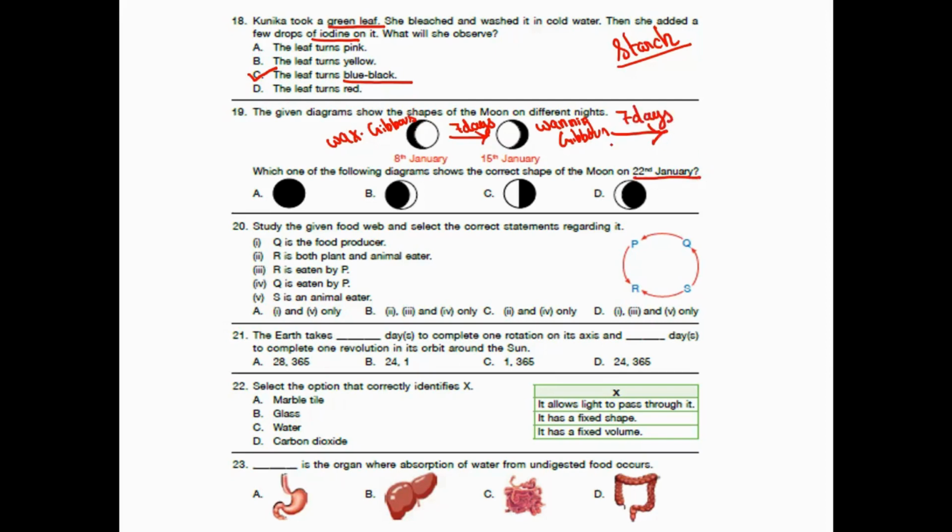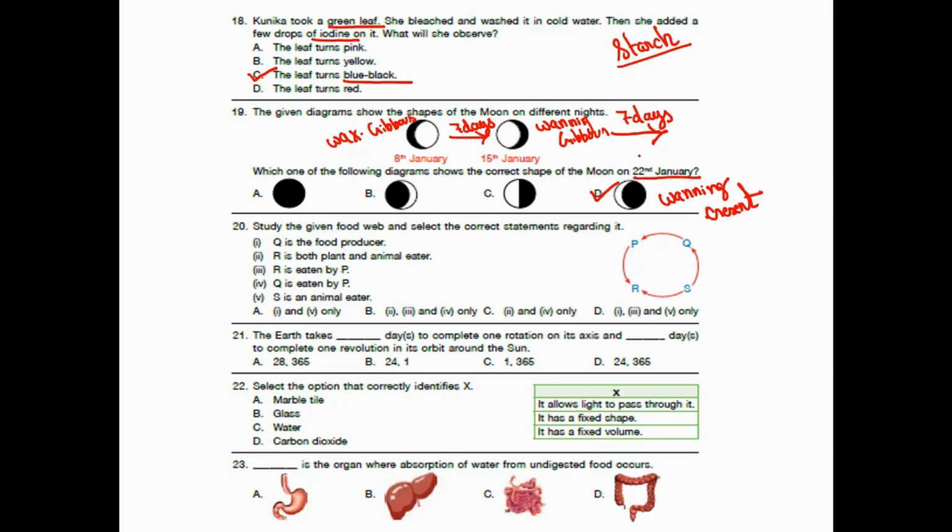So here the correct option will be option number D, which indicates the waning crescent, right?